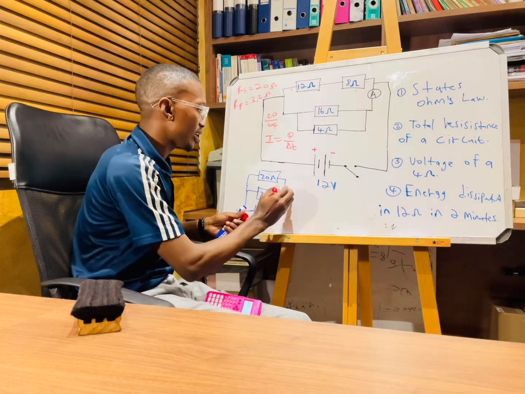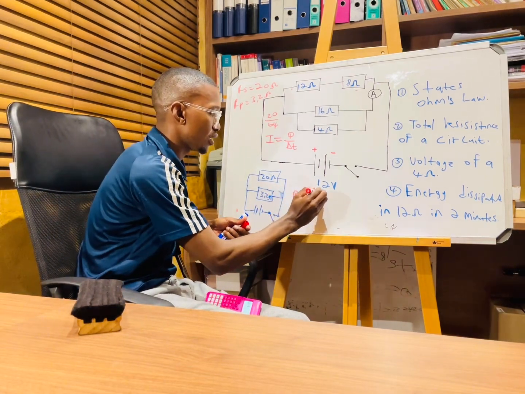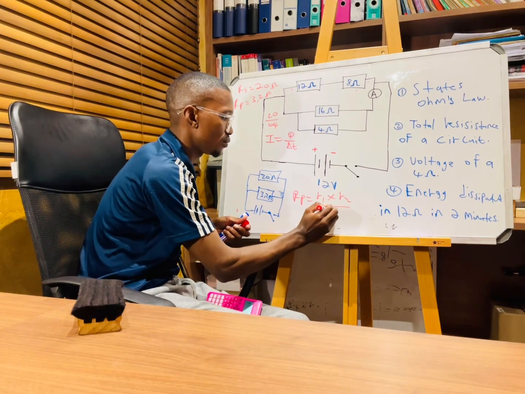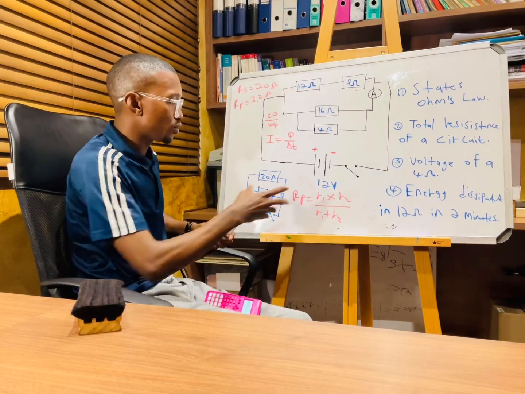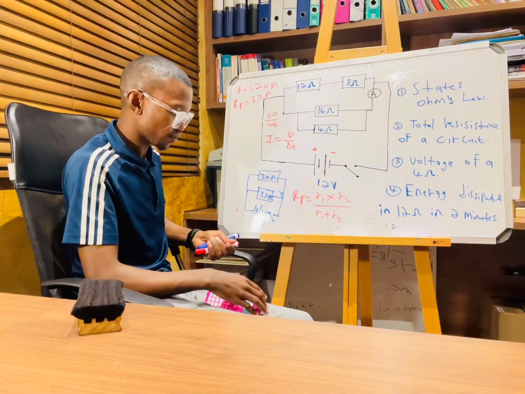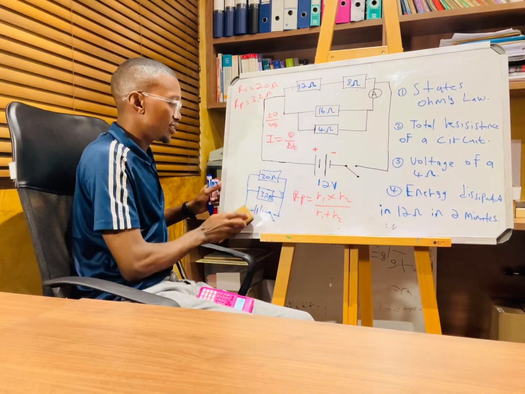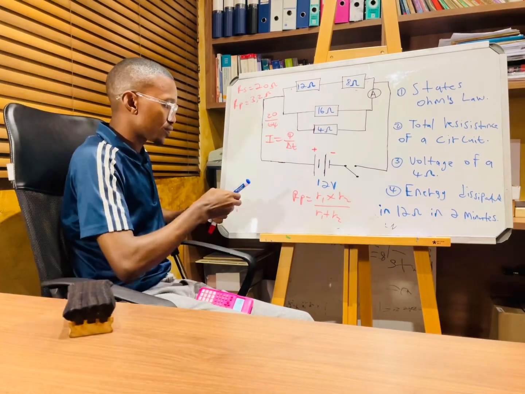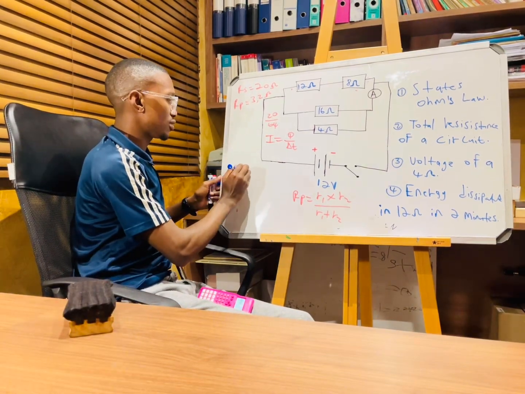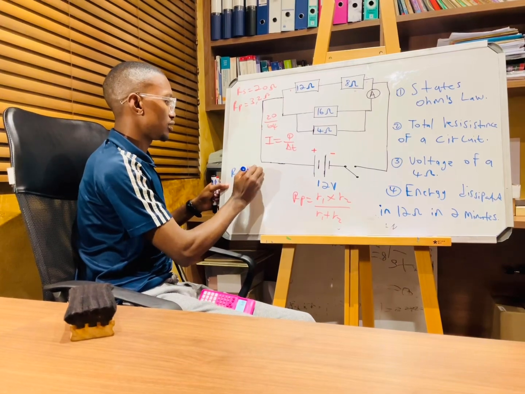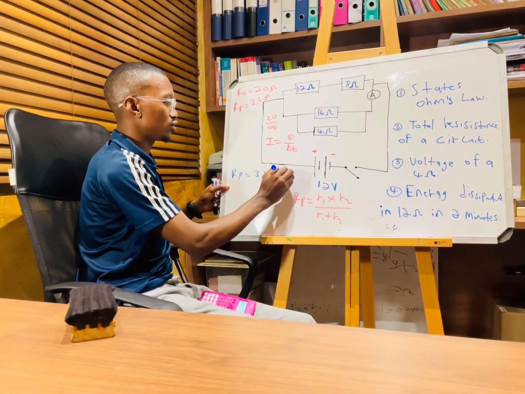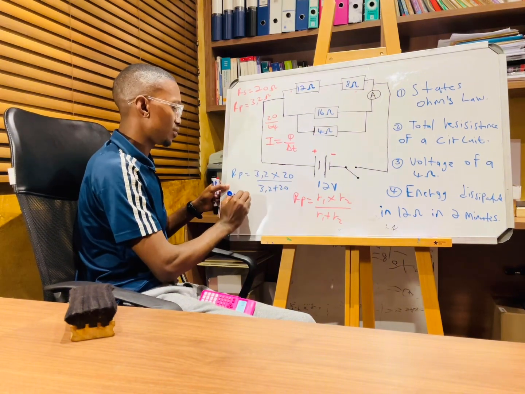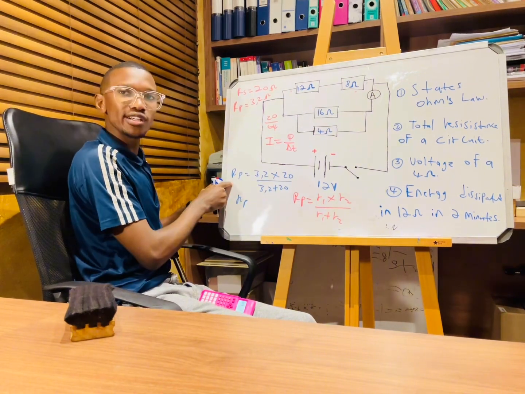So I'm going to get my RP, R1 times R2 all divided by R1 plus R2. So you do your substitution. My RP equals 3.2 times 20 over 3.2 plus 20. This RP that you're getting is basically your R total.